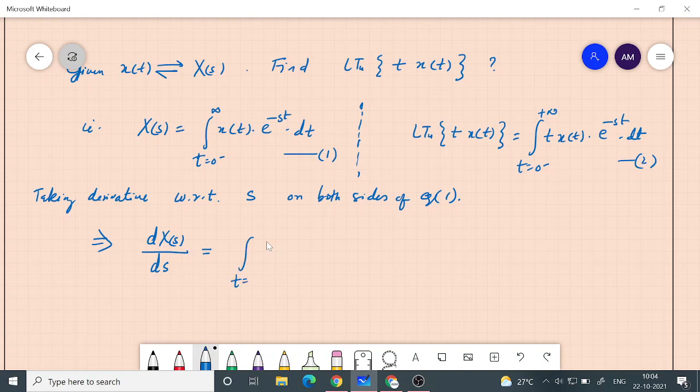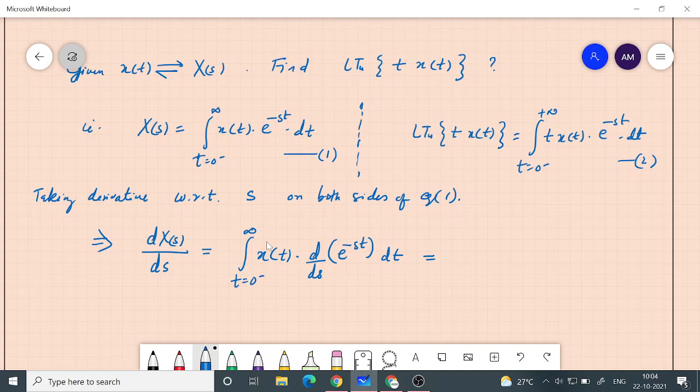That is equal to the integral, t going from 0 minus. Since s is constant with respect to t, I can take the derivative inside this integration. The only function that has s dependency is e raised to minus st. This derivative is very simple: the derivative of an exponential is whatever the coefficient in the exponent is.